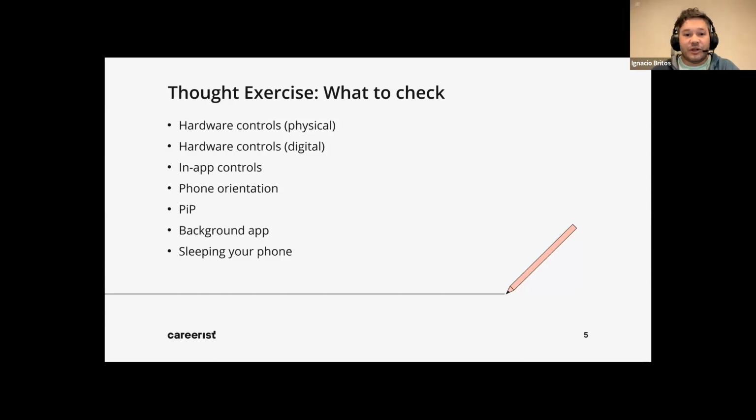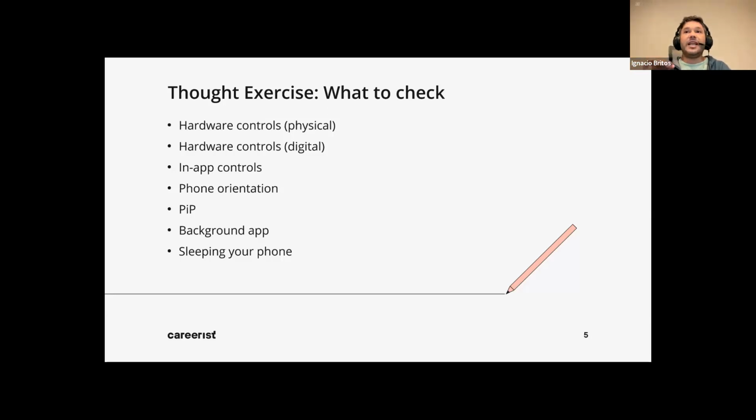So in those kinds of descriptions, we have for sure the in-app controls, which are the ones that you mentioned, like stopping or pausing the reproduction, forwarding, or going back, or different kinds of options that you have in the specific application.